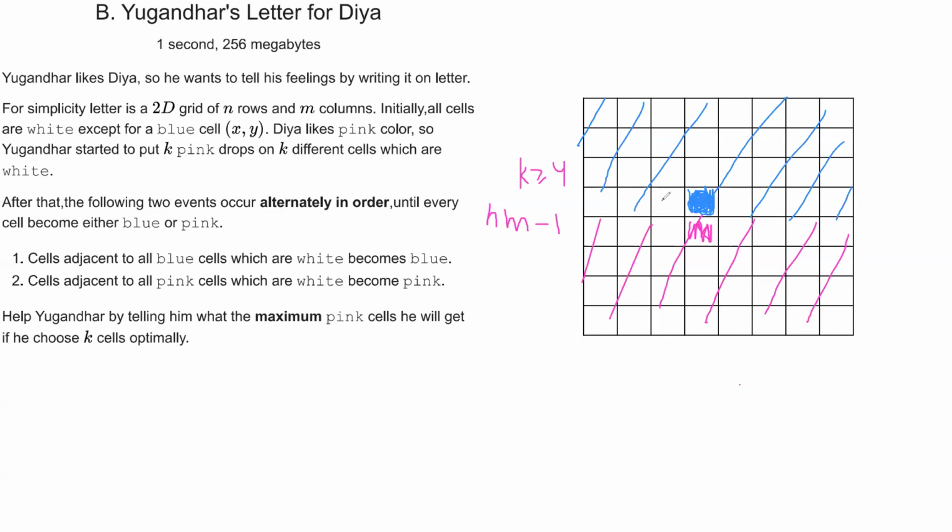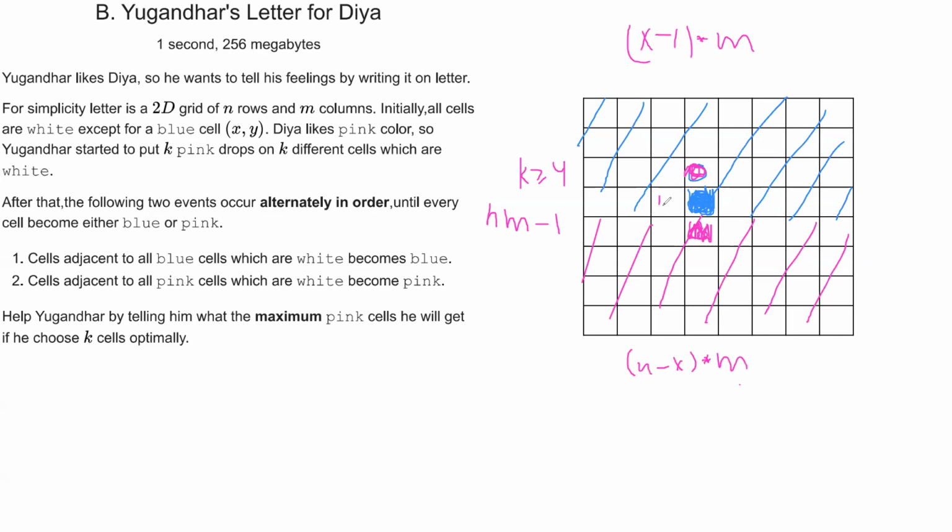For example, if we put our pink colored cell above, then we will have x minus 1 times m pink cells. If we place it below, then we will have n minus x times m.